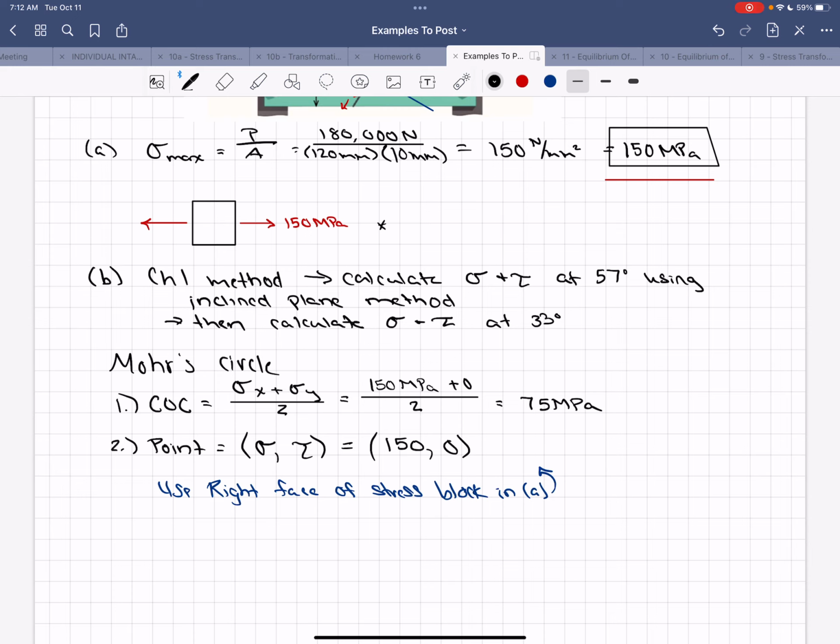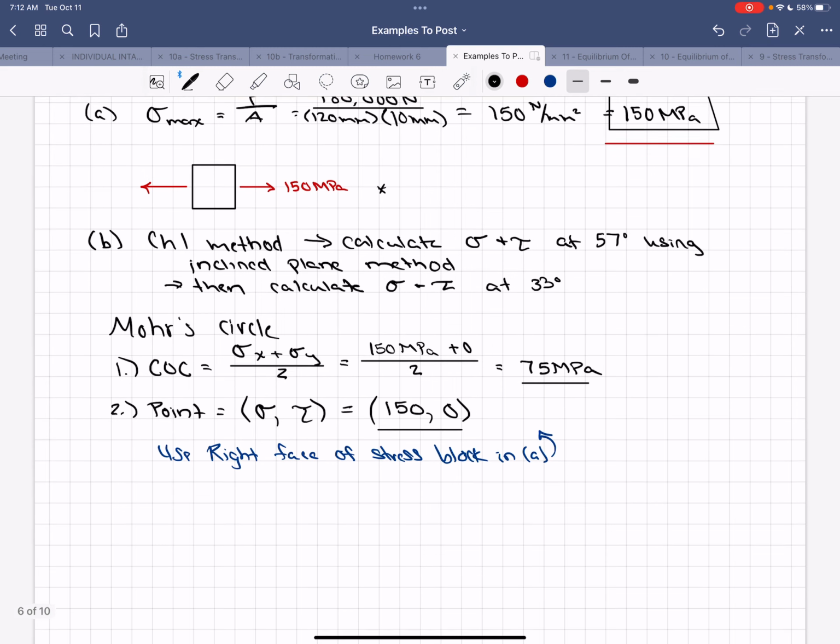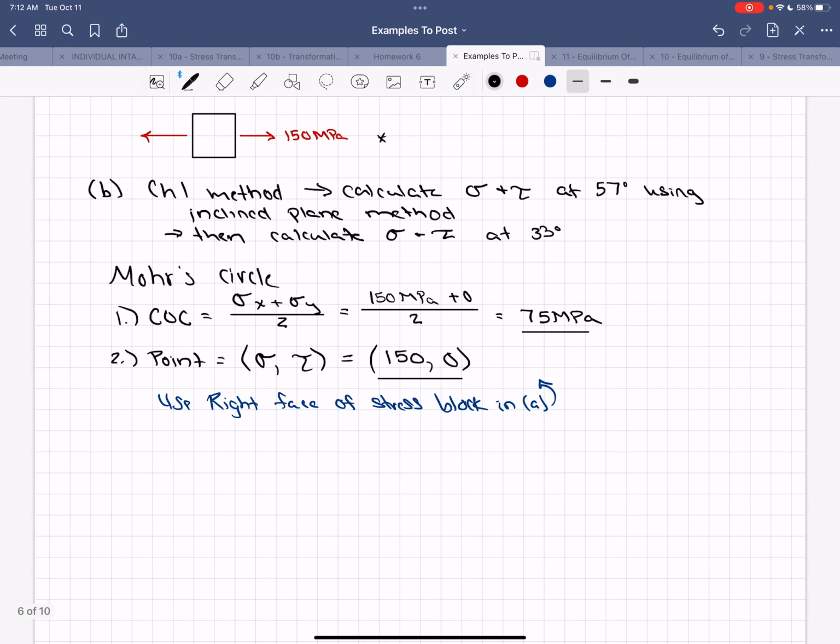So that's the point on our circle. Now we know the center is at 75, our point is 150 and 0. We also know that there's no stresses in the y direction, so that will be 0.